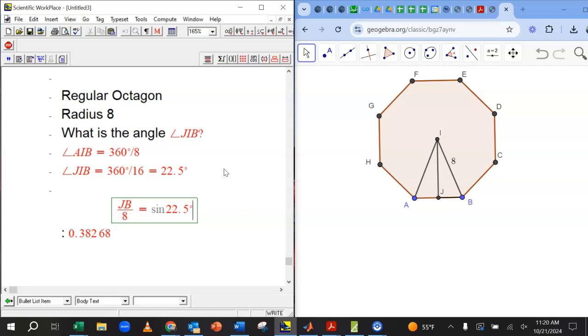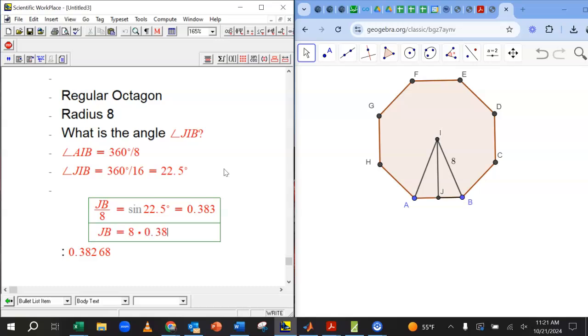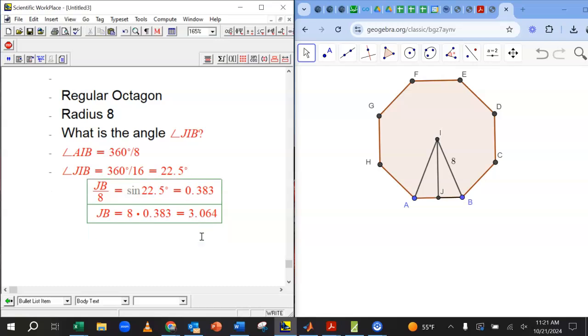So that's 0.383. Let's do 3 decimal places. And so JB is going to be 8 times 0.383. Let's let it calculate that. And so that's going to be 3.064. So we are sort of going in a calculator direction here. Okay. So that's JB. That's half of the side length.